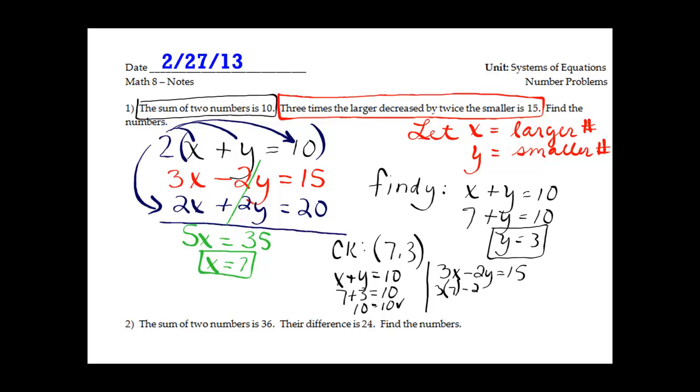This guarantees my answer is correct. Uh-oh. Sorry, 21. Three times 21 minus 6, and 15 equals 15. Check. All right, let's move on.